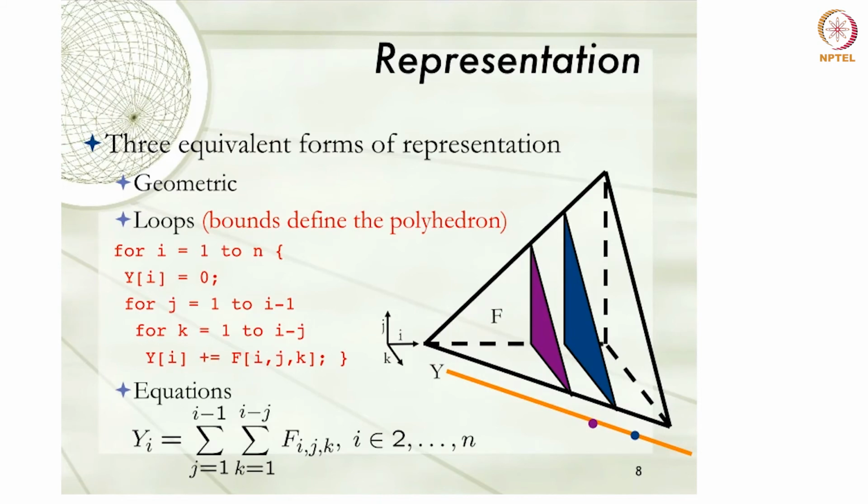Okay, I am reading a one-dimensional variable x by an affine function or a linear function. That linear function maps i, j, k to k.